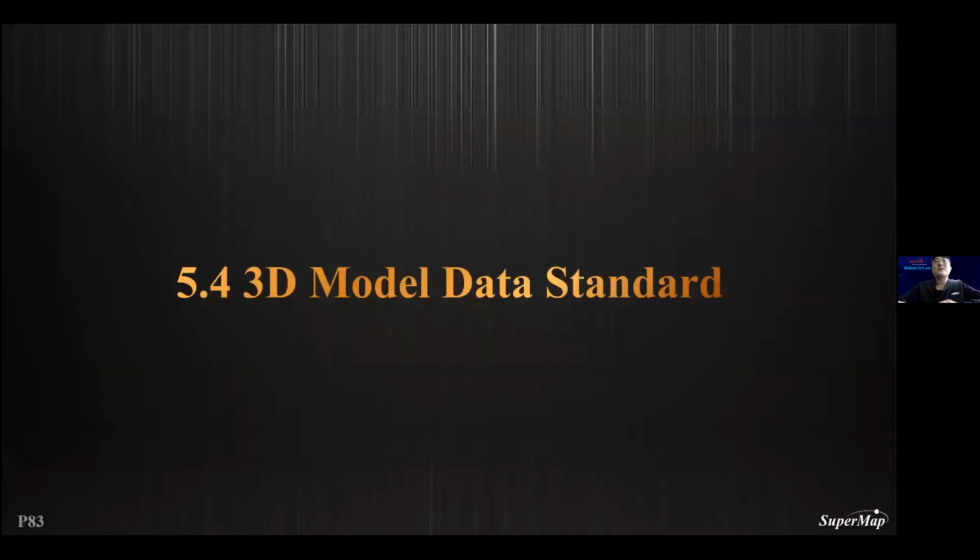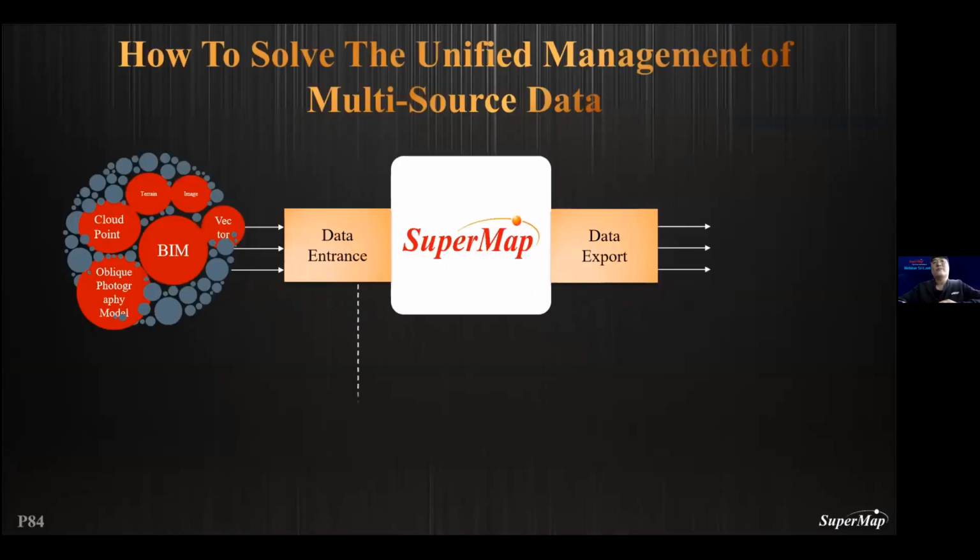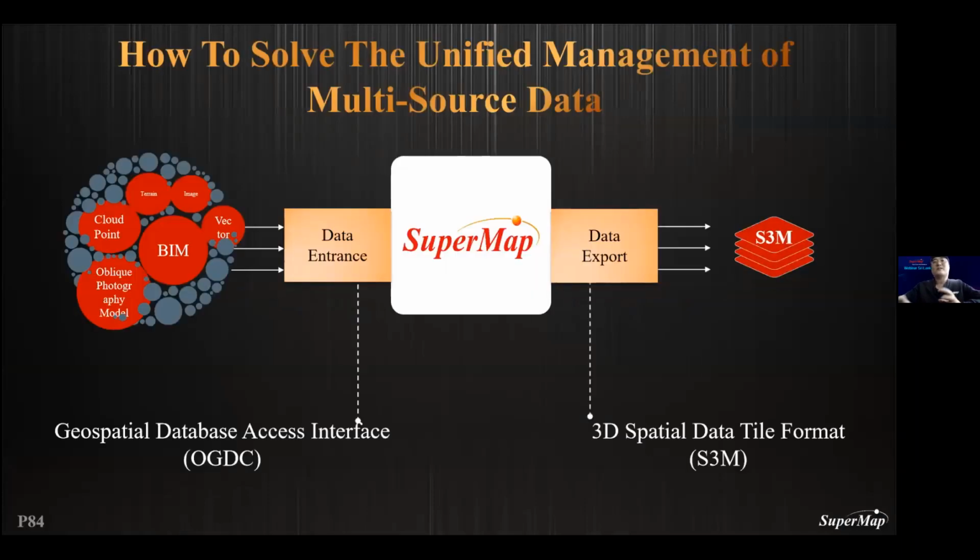The model data standard is one of the important achievements of SuperMap 3D GIS. After we get the data from different sources, we can convert it into the commonly used 3D spatial data format, which is S3M.